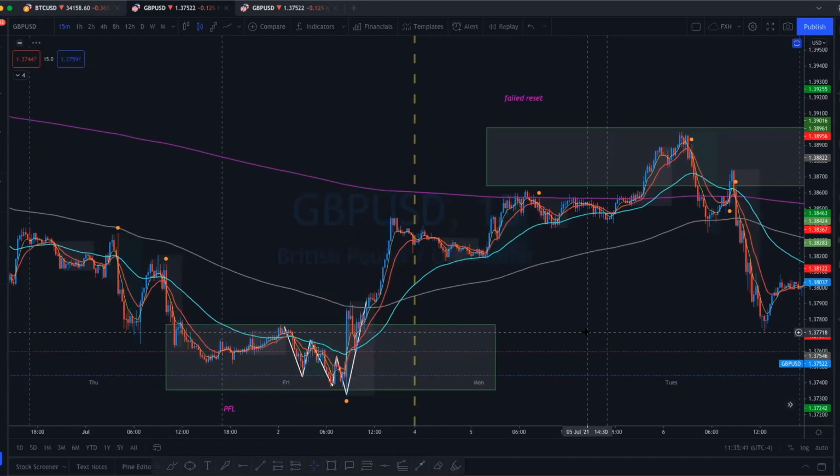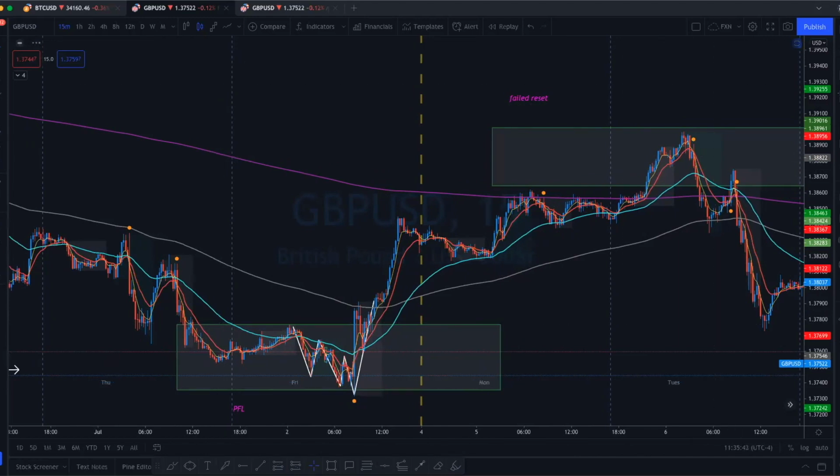If I'm looking for a sell, let's say, I don't know, let's say this right here, I'm looking for a sell here, and I see that the 200 is up here.